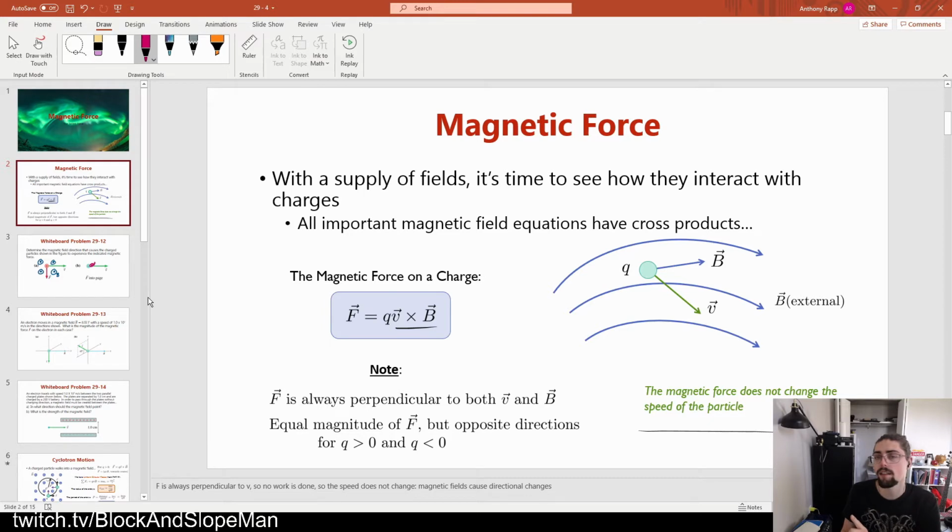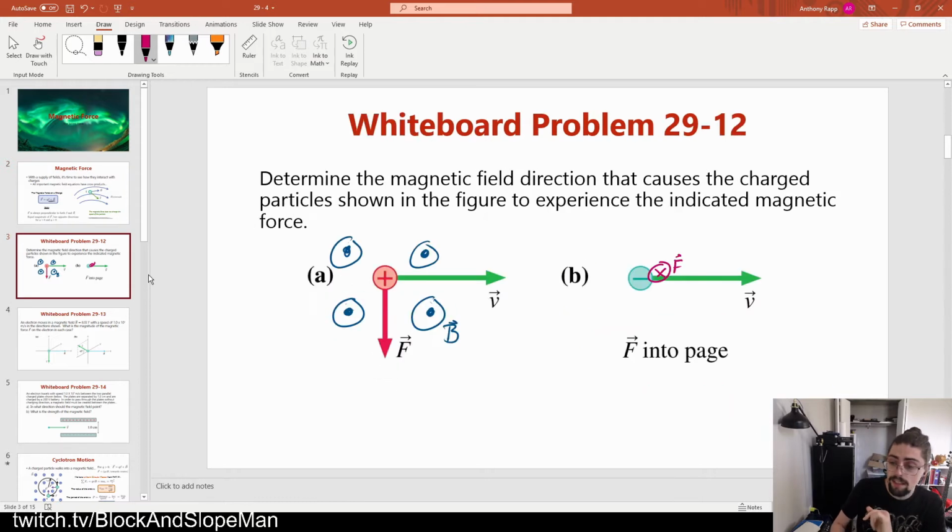We can't neglect that. Charge can be positive or negative, and if it's negative, it's going to flip a direction. So even if F is going into the page, the result of V cross B is coming out. It flips direction with the negative sign.